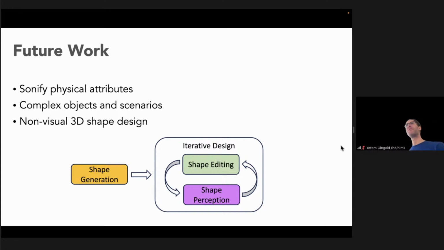Did the BVI individuals have suggestions or reactions to how you mapped things to sounds? Yeah, so some of them were familiar with sonification, but a lot of them weren't familiar with it at all. In some pilot studies, one interesting piece of feedback was that they were definitely more tolerant of sounds than we thought they would be.